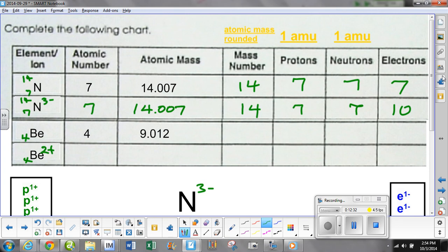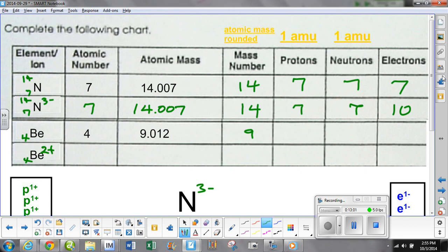What are we going to have for beryllium, the atom, when we get a mass number? Okay, well, I've got the mass there already. 9, very good. Okay, so a mass number is 9 because we're going to round that 9.012 to the nearest whole number.